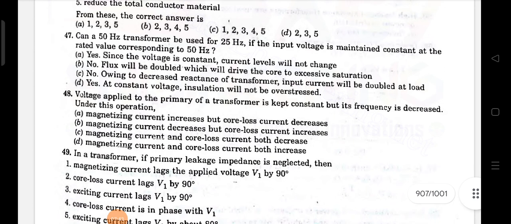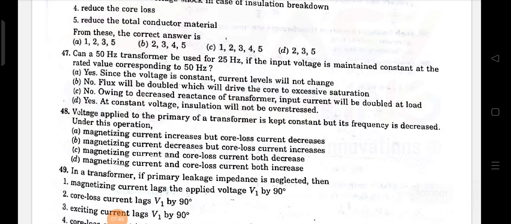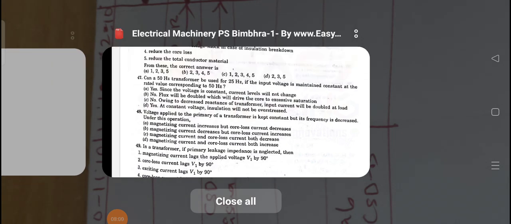Second option: flux will be doubled, which will drive the core to excessive saturation. See here, frequency is reduced. When frequency is reduced, B maximum increases.